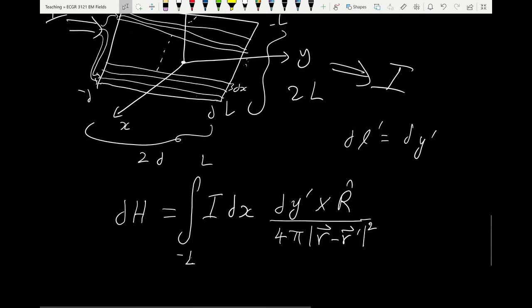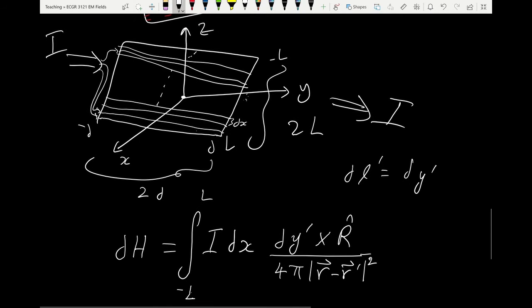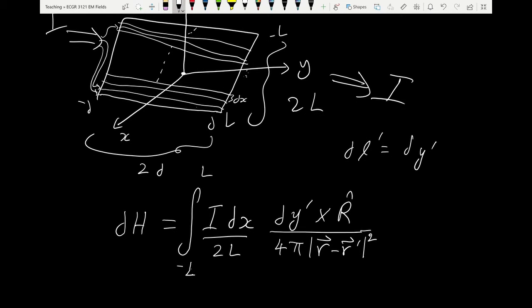Yeah, so this current here gets distributed along the length from minus L to L, along a length of 2L. So what would be the current per strip, per filament? Well, it's going to be dx over 2L actually. Think about that, right?